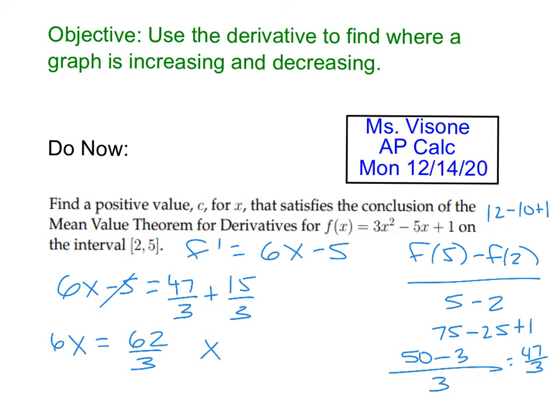Divide by 6. 62 over 18. Now, does that fall between 2 and 5? Yes, it does. That's 31 over 9, which is like 3 and change, so that's your C value.